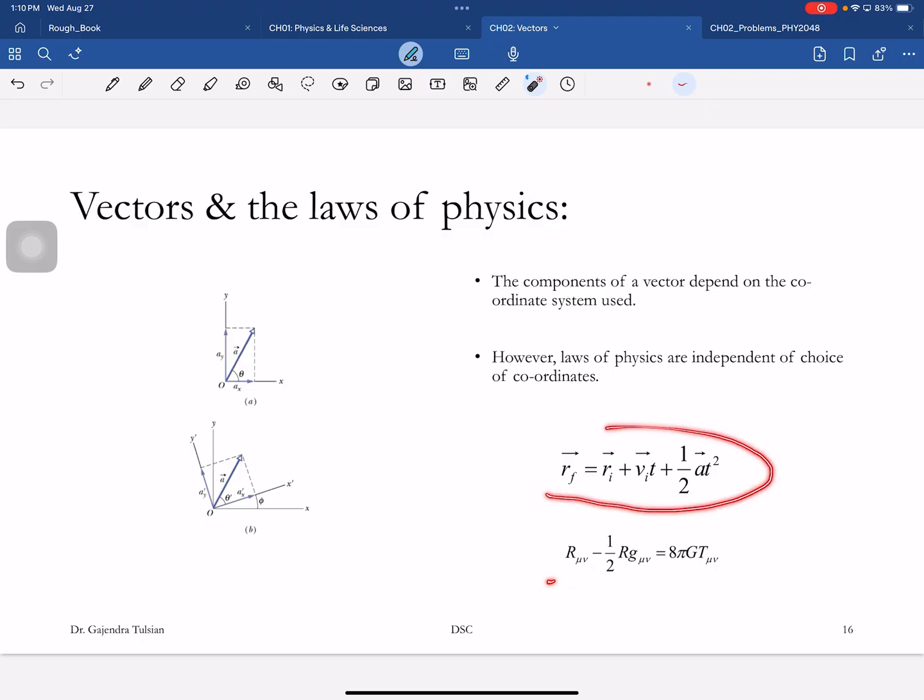So whenever you have an equation, if you have a number on the left-hand side, you have to have numbers on the right-hand side. If you have vectors on the left-hand side, you have to have vectors on the right-hand side. This is a 4x4 matrix. You guys have seen matrices?